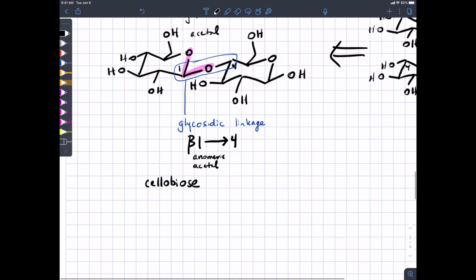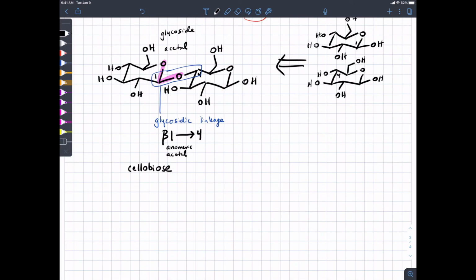Now, if you change that linkage, keep the two sugars basically the same, but then change the stereochemistry of the linkage so that now carbon 1 on one molecule of glucose is down. It's the alpha anomer. And then that carbon 1 will be attached to an OH group from carbon 4 on another molecule of glucose.